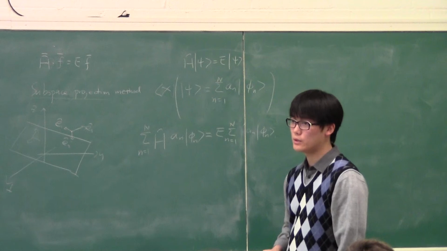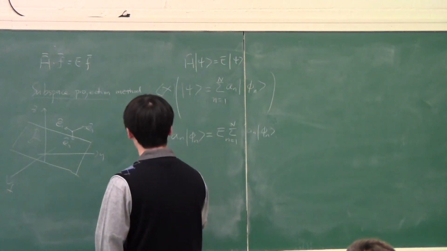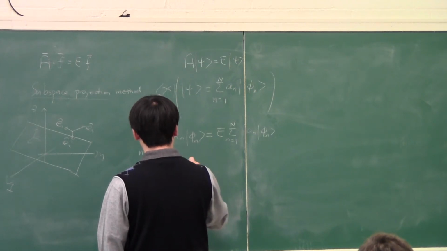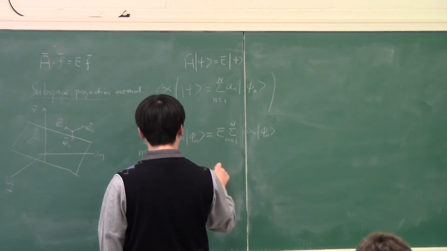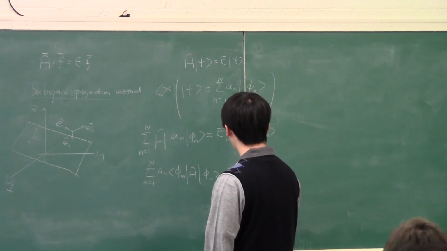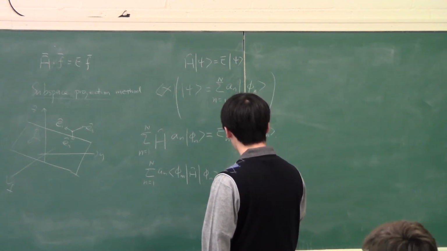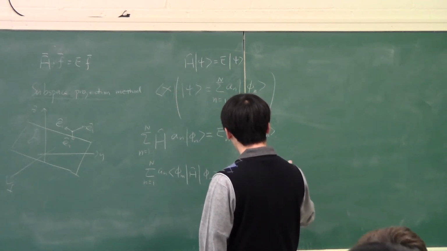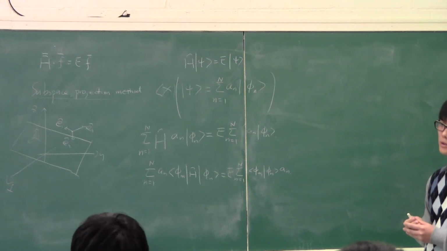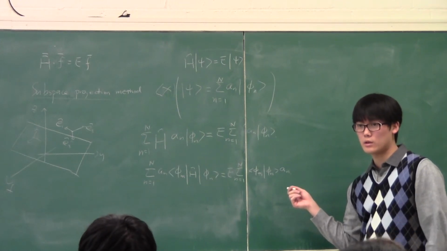Now if I tested this with the m-th basis function, I would get... Now, because the bases I have chosen do not have orthogonality, this is not going to turn into the delta function, but a quadratic form.